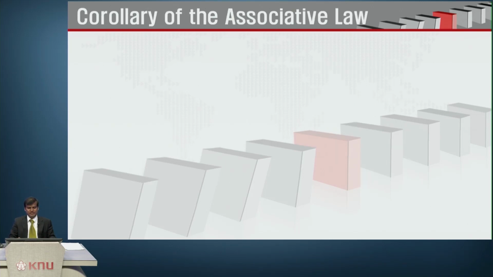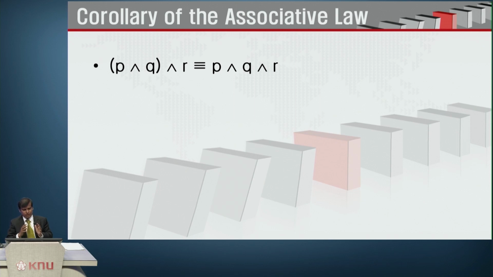Okay, let's see some of these corollaries of associative law. So here is the expression given to us: P and Q and R is equivalent to P and Q and R. Then comes this OR associative law based on OR.